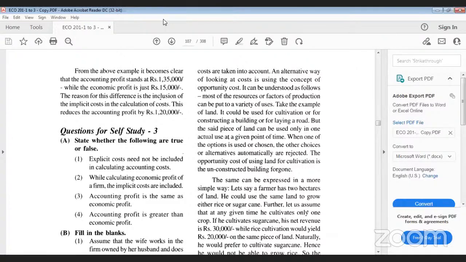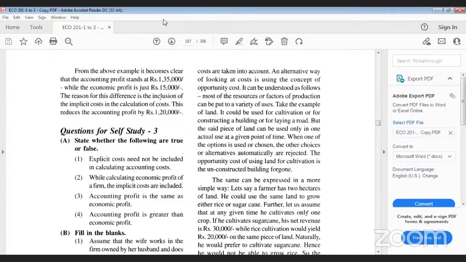The opportunity cost of using land for cultivation is the unconstructed building on the same land. It can be expressed in a more simple way. Let us say a farmer has 2 hectares of land, and he could use the same land to grow either rice or sugarcane.